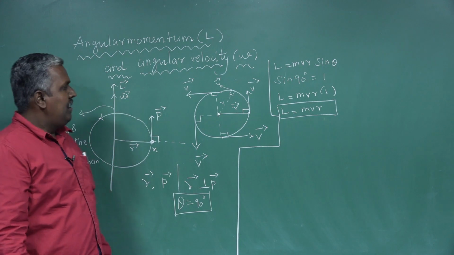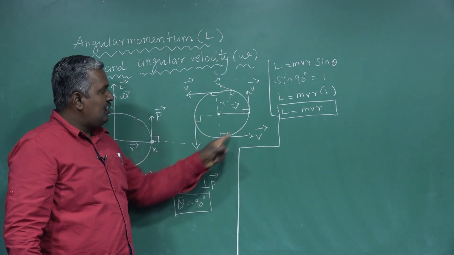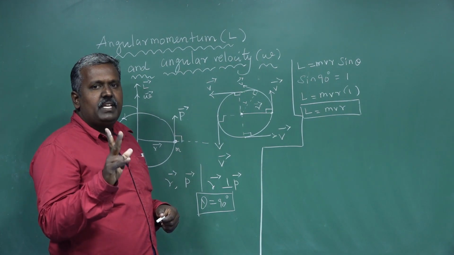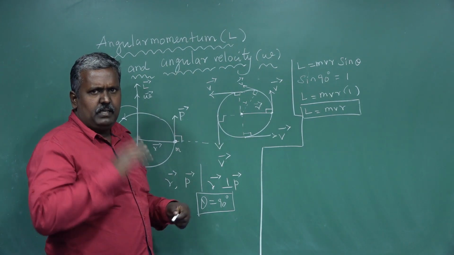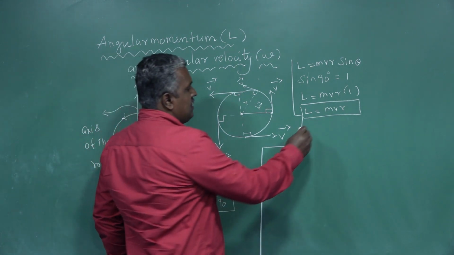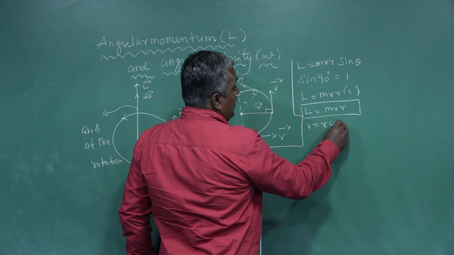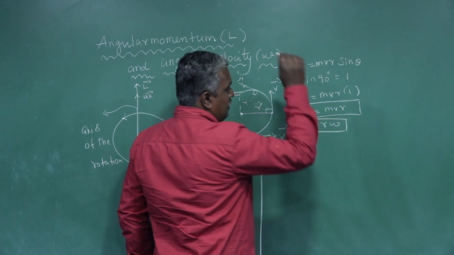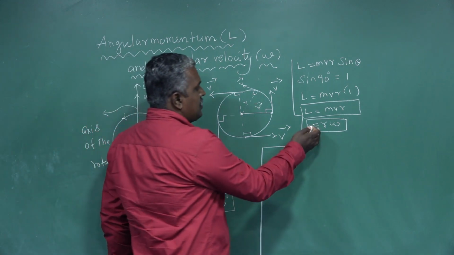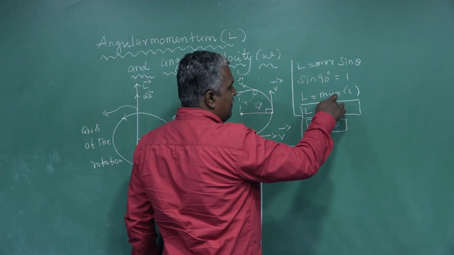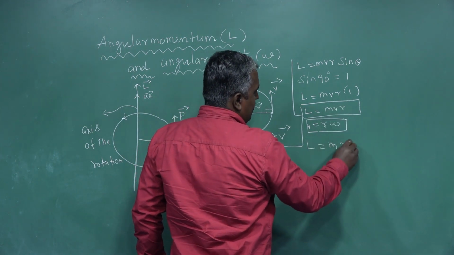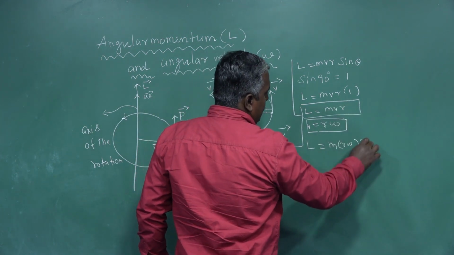Now, in circular motion, what is the relation between linear velocity and angular velocity? V is equal to r omega. Substitute this relation in this formula: L is equal to m r omega into r.